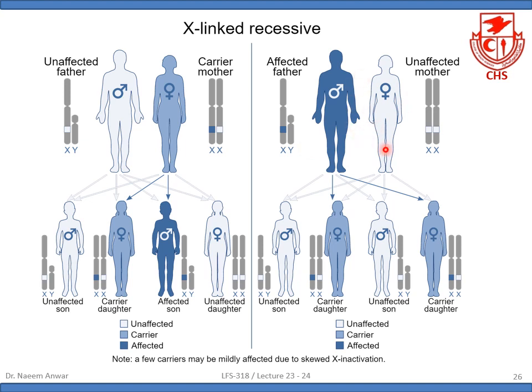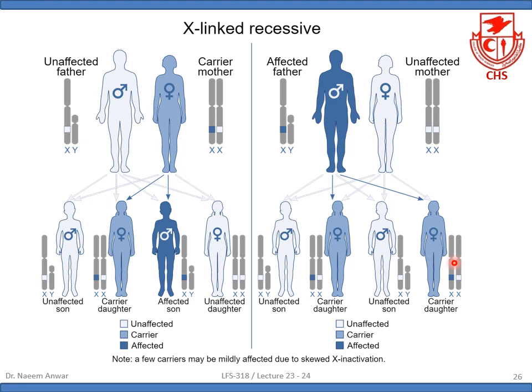Then as a result, all of the females will have one copy of the X, but as you can see here, you will not see any affected individual. Why is this? Because they will always have one X from the father, and it will be a mild or carrier case, because the other X will come from the mother and will correct the situation, so they will never have affected offspring.